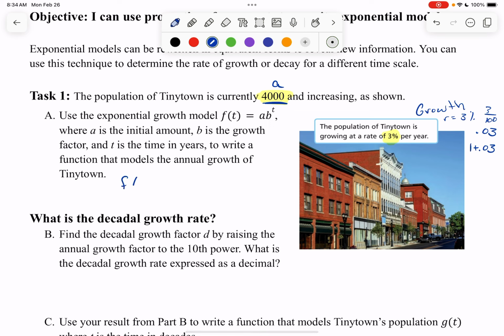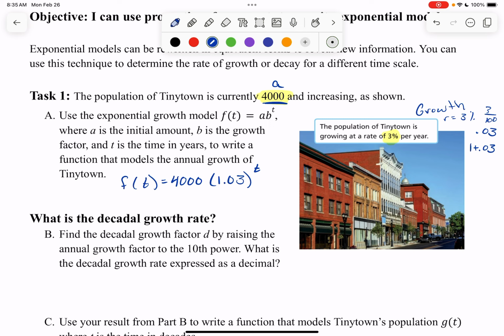So my function, my f of t, is going to equal the initial amount, which is 4,000, times 1.03 to the t. So there we have a growth factor of 1.03. The growth rate is 3% because that's how much it's more than 1.